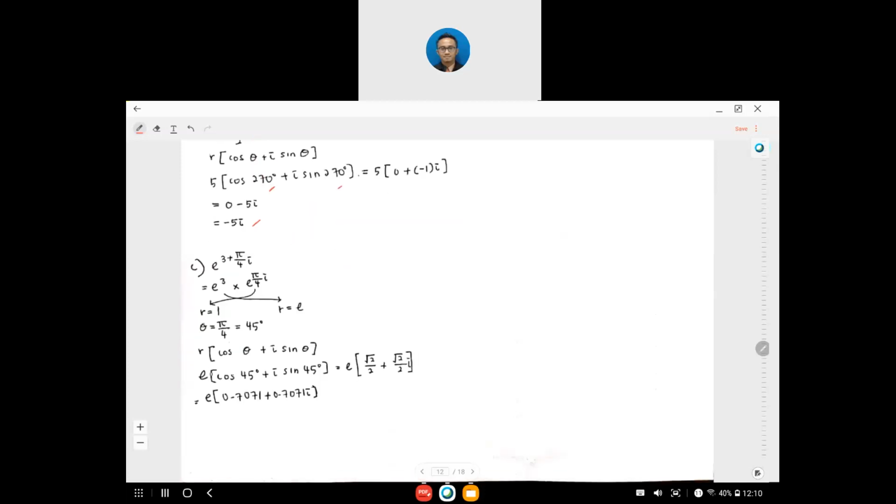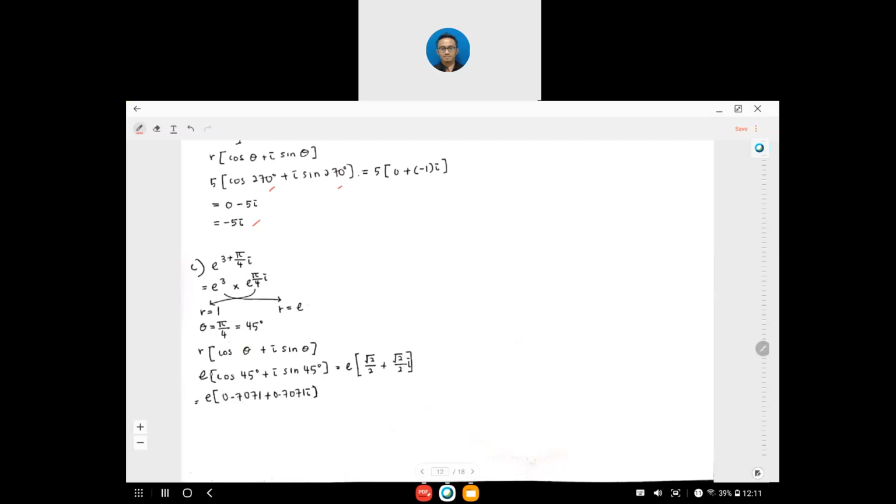C, exponent 3 plus 4 pi i. This one, I will just expand it. It will become exponent 3 times exponent 4 over pi i. So R equal to exponent to the power of 3.